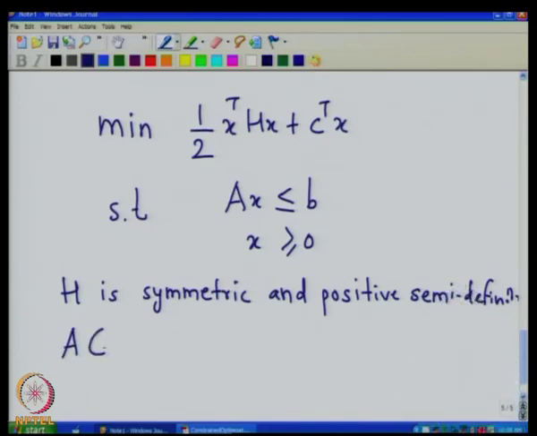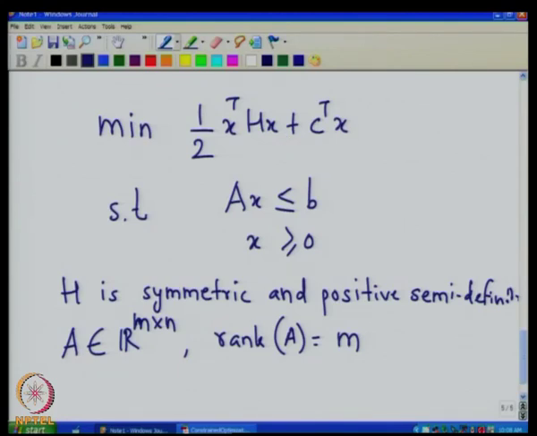And let us assume that A is an m by n matrix and the rank of A is equal to m. So, the objective function here is a quadratic function, and the constraints are linear.